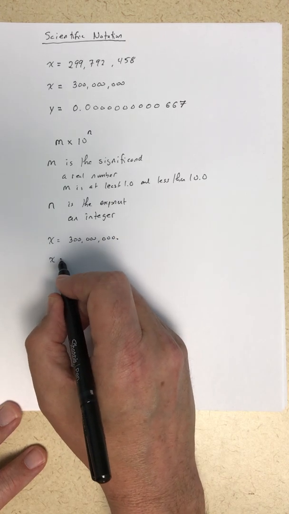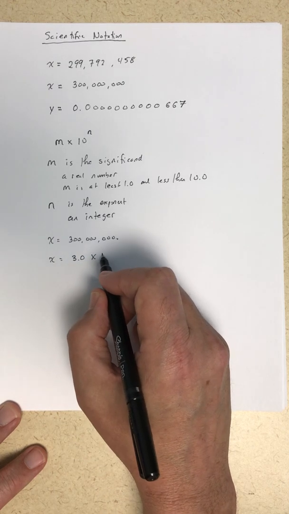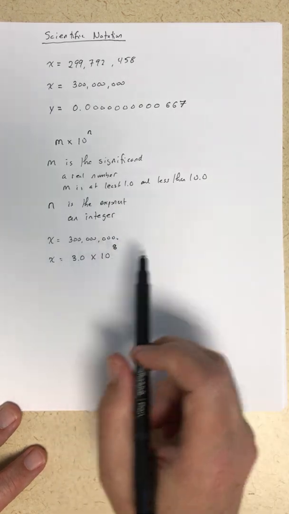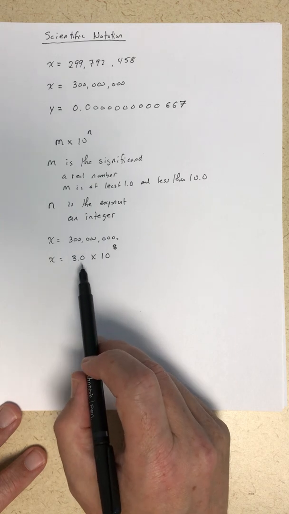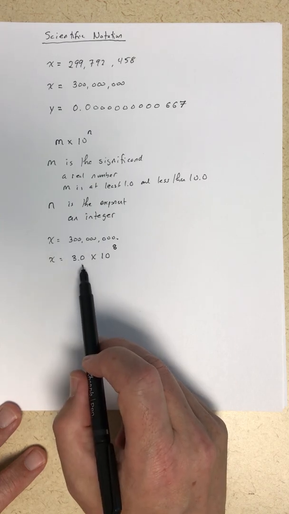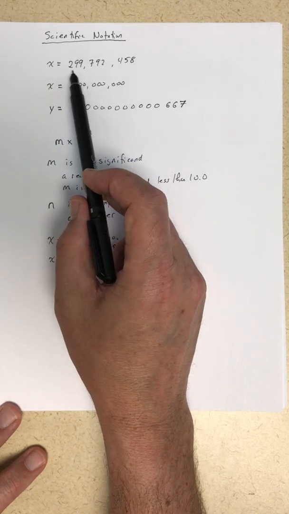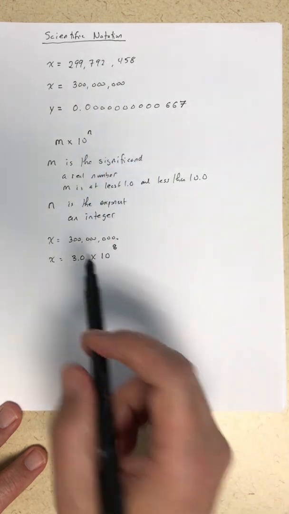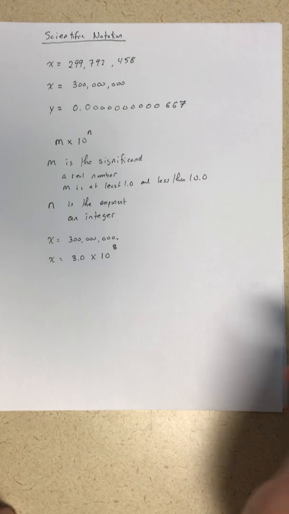So in scientific notation, I would write this 3.0 times 10 to the 8th. Okay, so at least the 3 is significant. I'm going to write it so the 3 and the 0 are significant. And actually, if we go back to the rounding, this would be the same as 3.00. But I'm writing it with just 1 digit after the decimal point.